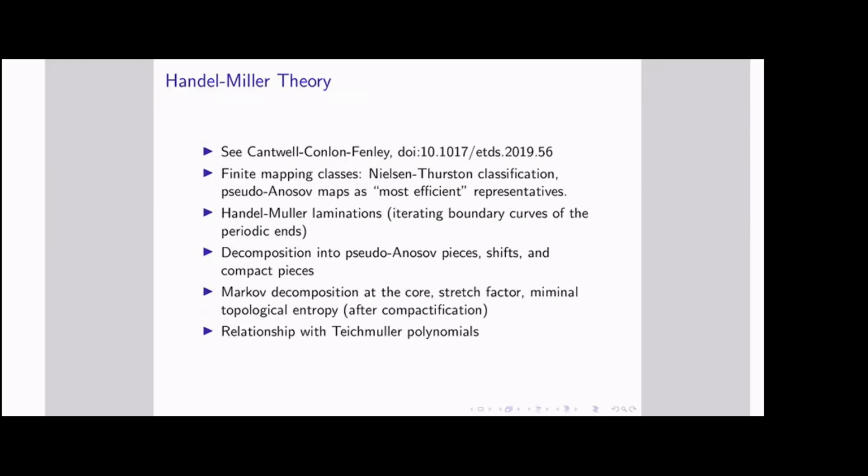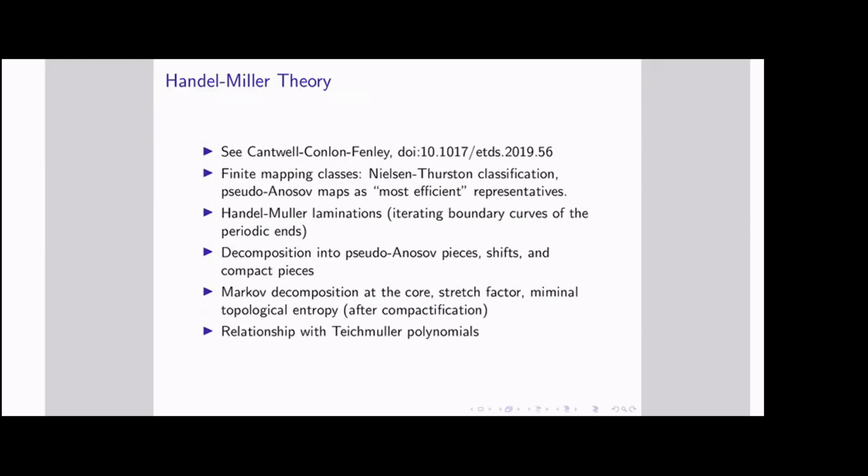And what's nice about end-periodic mapping classes is that we can actually build something analogous to this. That's called the Handel-Miller theory. For a really detailed discussion, it's in this paper by Cantwell, Conlon, and Fenley. It's more than 100 pages. It's really complicated.